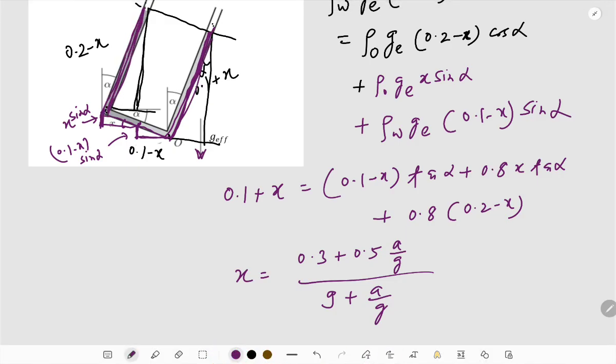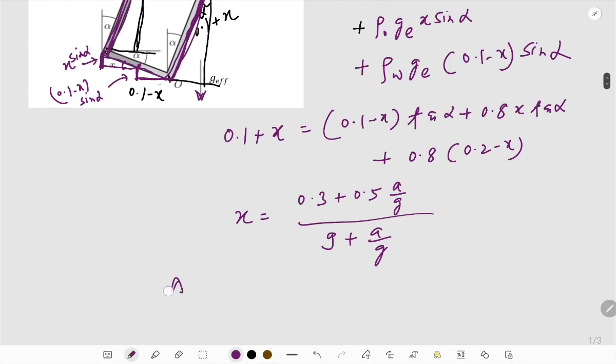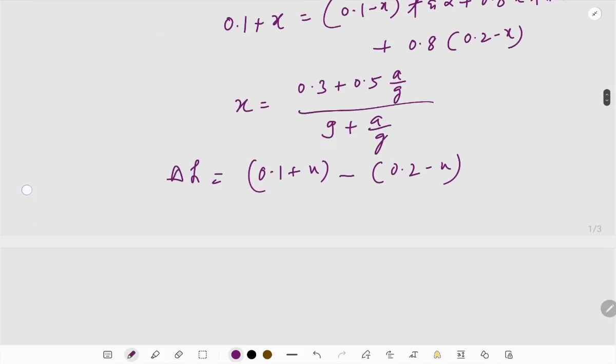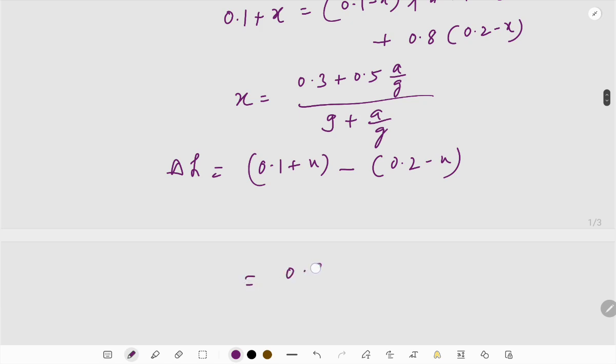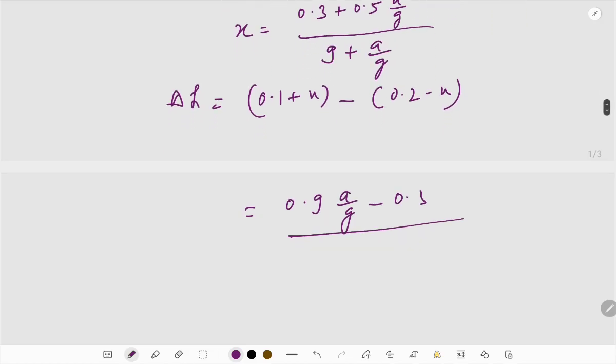That difference you are going to write is simply 0.1 plus x minus 0.2 minus x, and get it by yourself. You will get something like 0.9 a by g minus 0.3 divided by a by g plus 9. Yeah, this difference, and you can solve your problem.